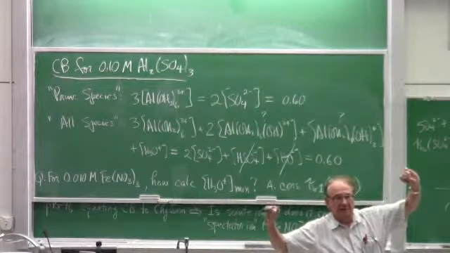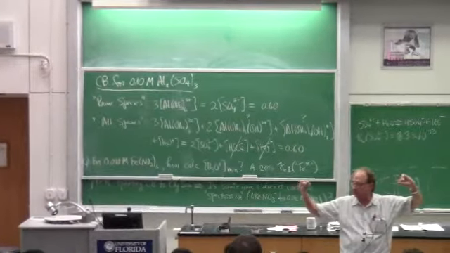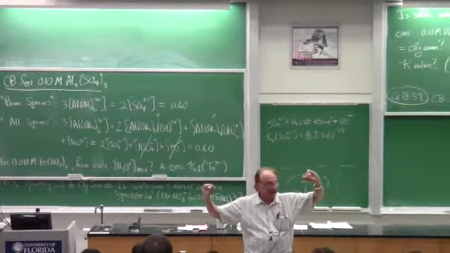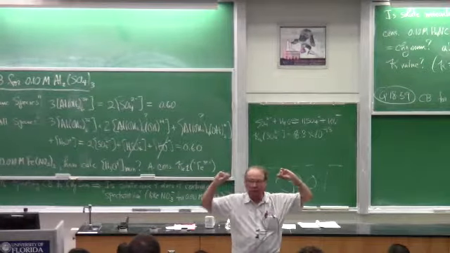Here's the question. In 100th molar ferric nitrate solution, we cannot neglect the molarities of quote-unquote iron 2 and iron 1.